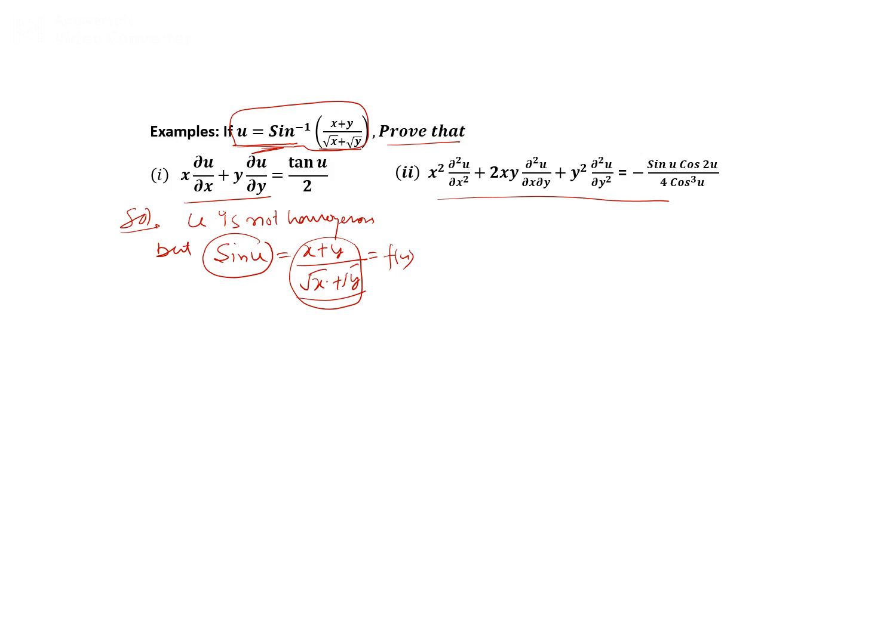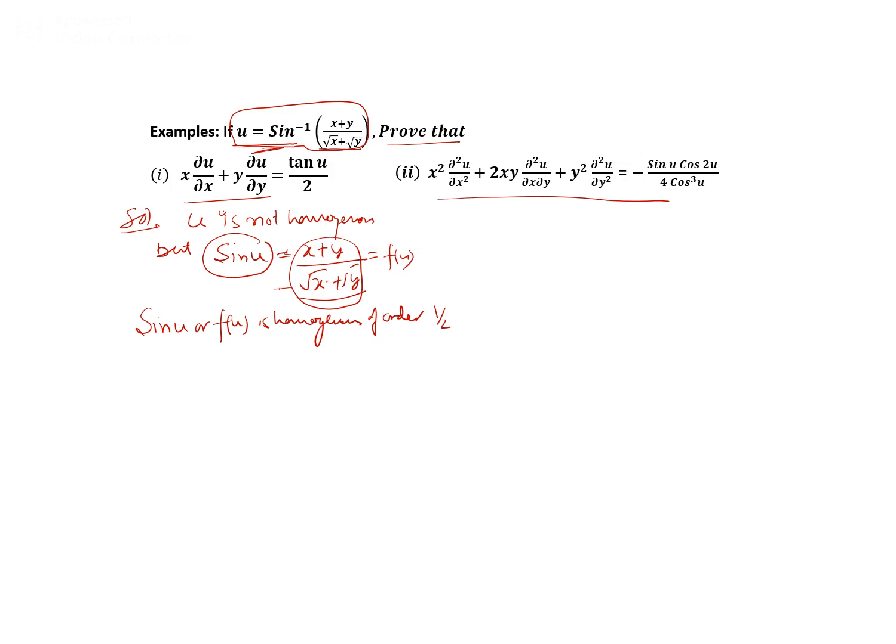If we replace x with xt and y with yt, we can say sin u or f(u) is a homogeneous function of order or degree 1 by 2. You take t as a common factor in the denominator and numerator, so we get the power t to the 1 by 2.